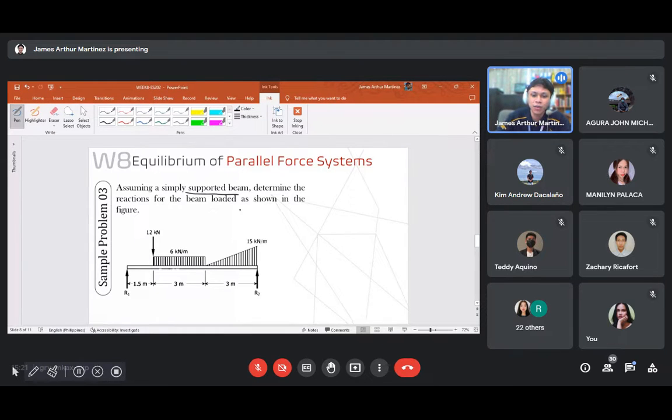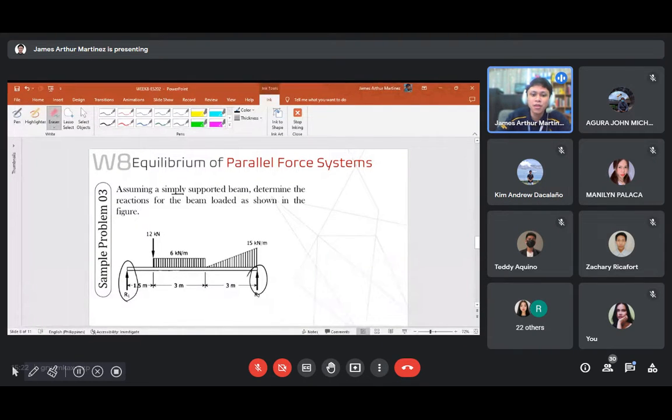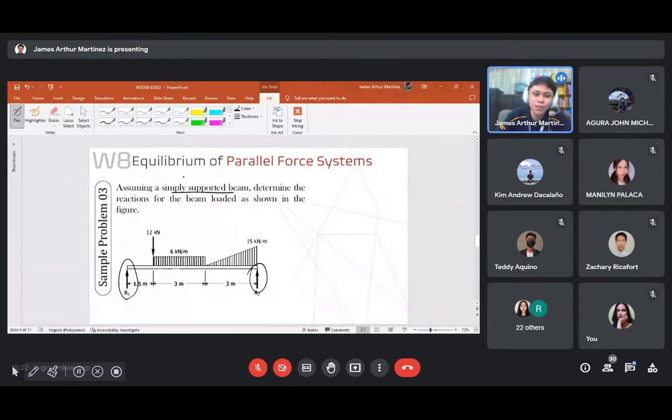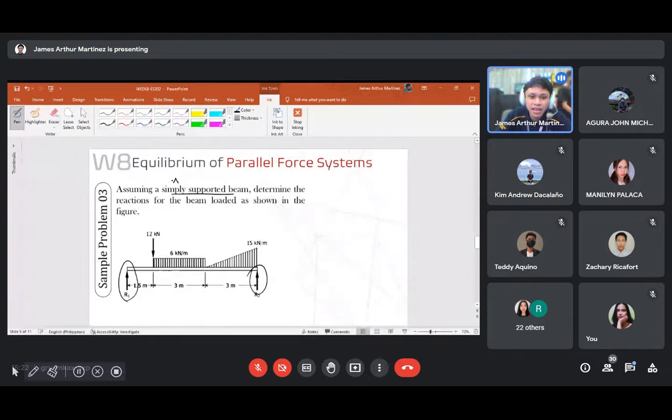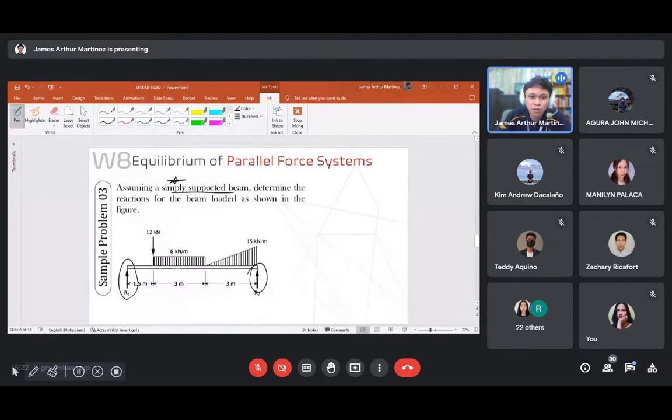Determine the reactions for the beam loaded as shown in the figure. So, easy na kayo ni class since reactions na nagipangita no, R1 and R2. So, kung may tawag simply supported beam class, pasabot niya ana is, at one end, it is supported by a hinge. Hinge support siya at one end. And then, at the other end, supported by a roller.